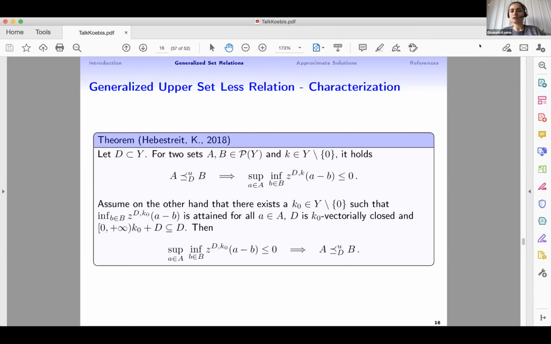So we have evaluated this functional for the natural ordering cone in finite dimensions and for polyhedral ordering cones. That was it for our examples. But of course, it would be interesting to check other formulations of D and see whether this can be easily computed. Okay, thank you very much.